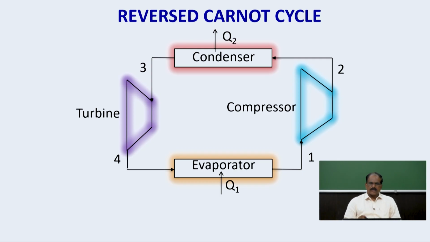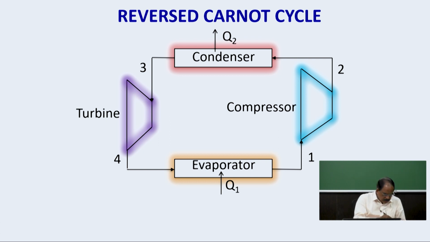Whereas in a reversed Carnot cycle, transferring heat from a low temperature region to a high temperature region is possible only at the expense of some external work. Without doing any external work, or without using a power absorbing device like a compressor, it is not possible to transfer heat from a low temperature region to a high temperature region. This is what the Clausius statement of the second law of thermodynamics states.